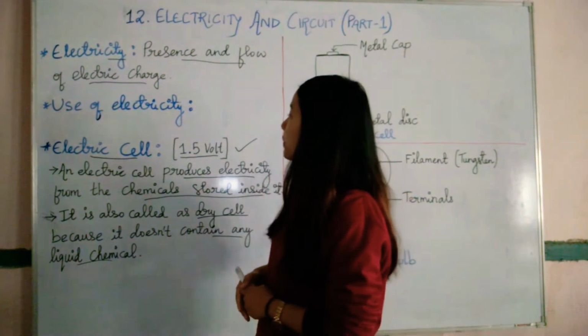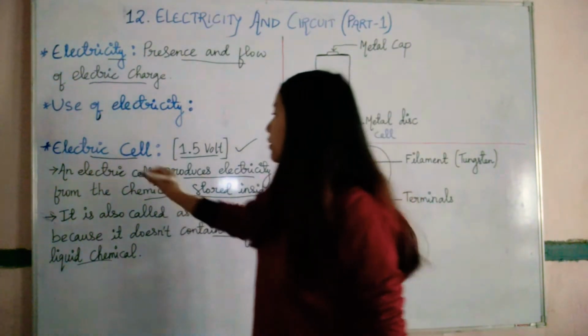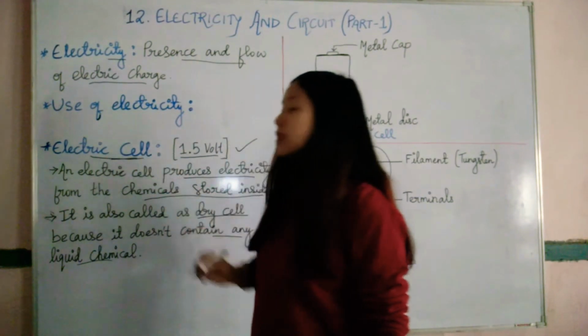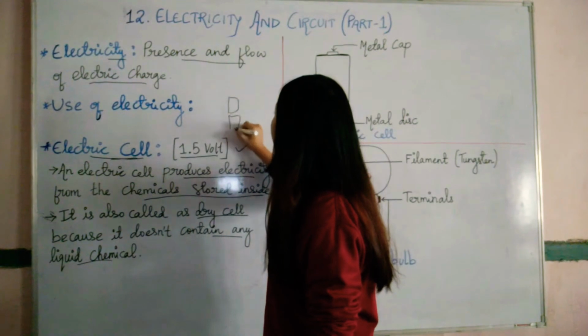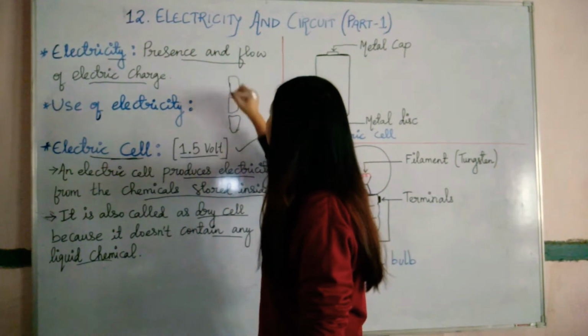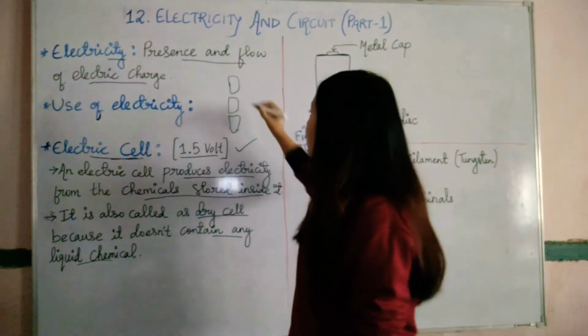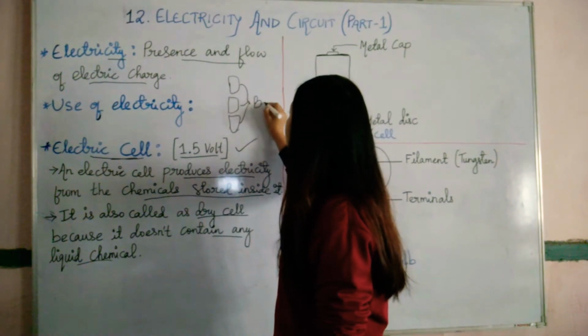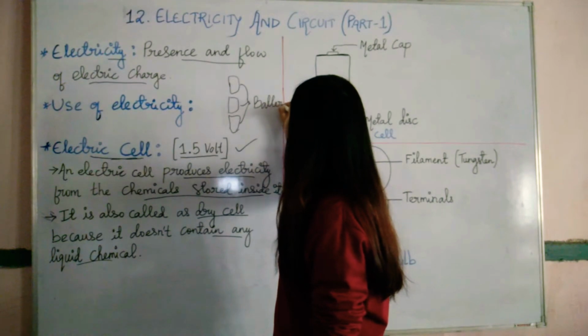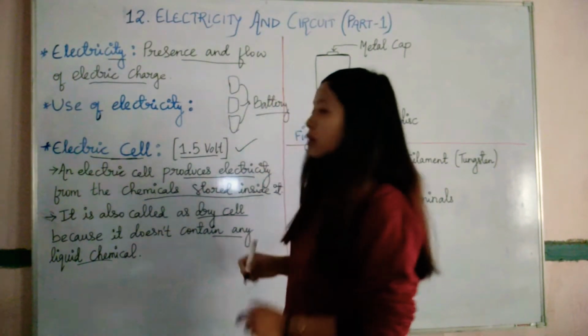So if we are using only one, it is called an electric cell. But if we are using more than one, like in the case of flashlights, then two or more electric cells together are known as a battery.